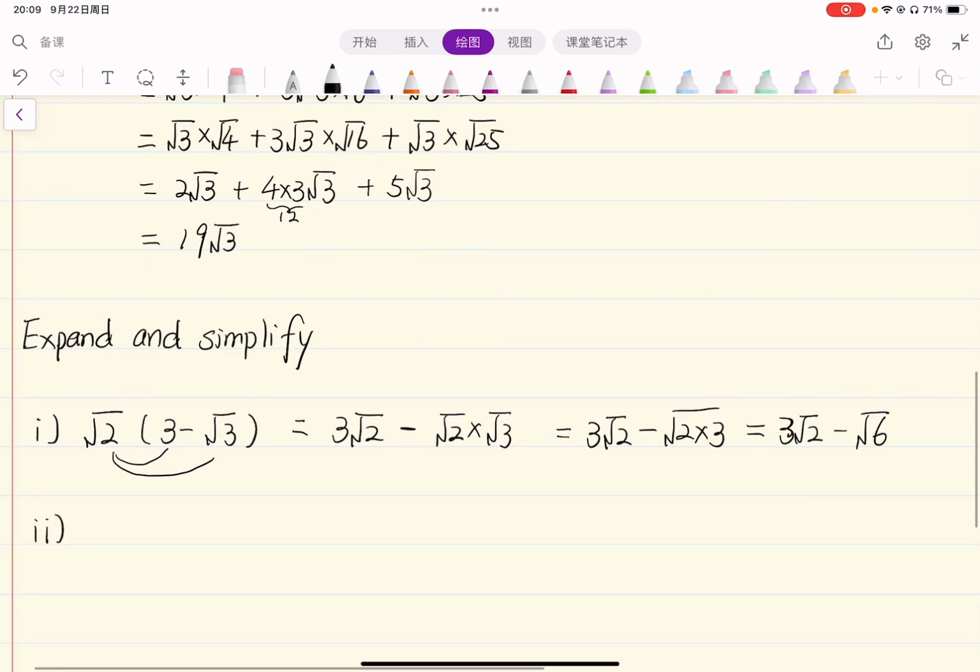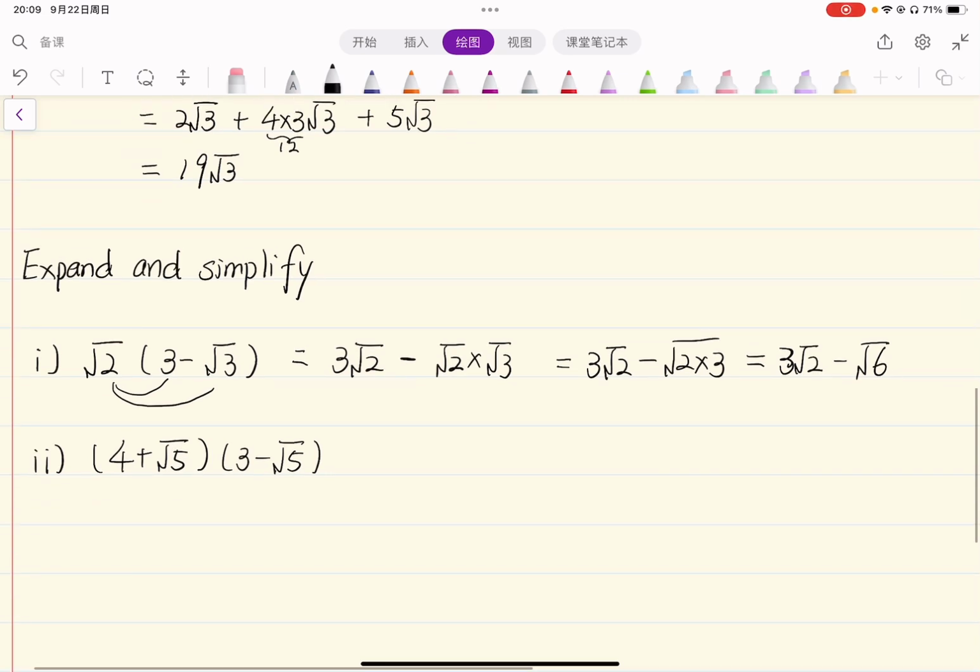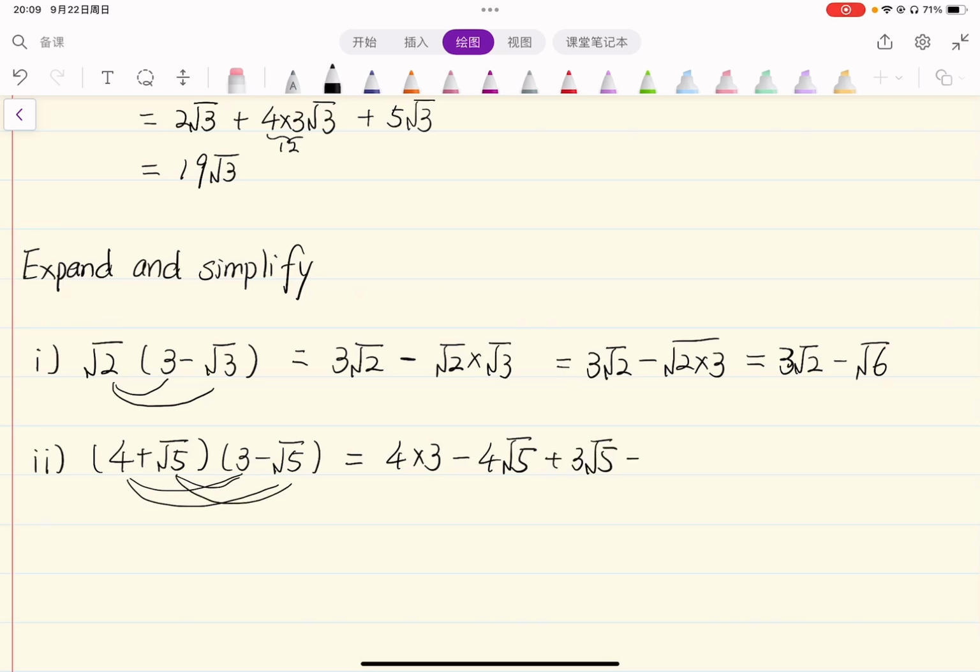For the second question, we have 4 plus square root of 5 times 3 minus square root of 5. How do we do that? We expand it first. So it's 4 times 3 minus 4 times square root of 5 plus 3 square root of 5, and then minus square root of 5 times square root of 5.